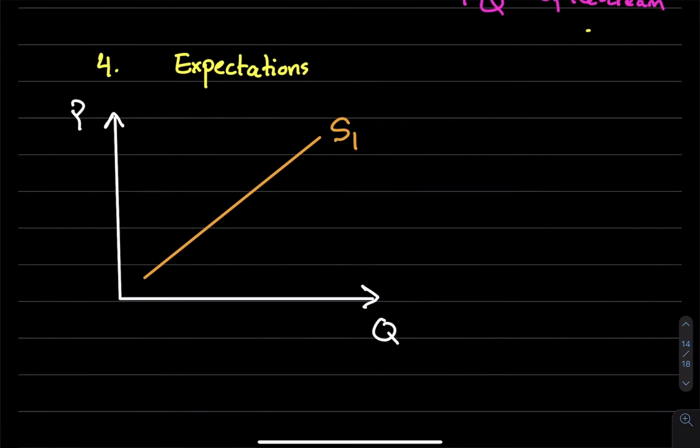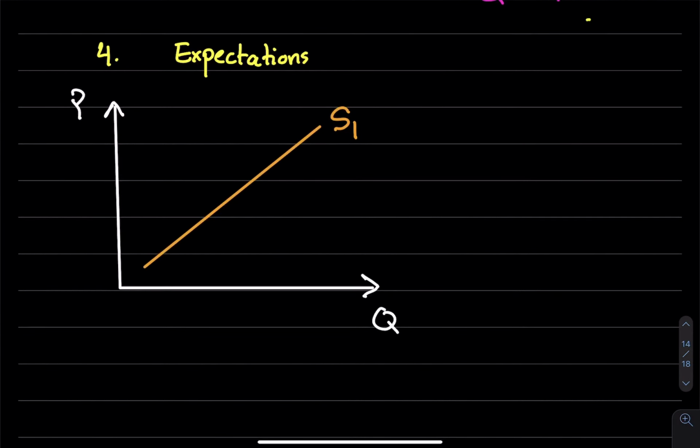Okay, and finally we talk about expectations, and this also has the potential to affect the supply curve. If you're thinking about expectations, the amount of ice cream a firm supplies today may depend on its expectations about the future.